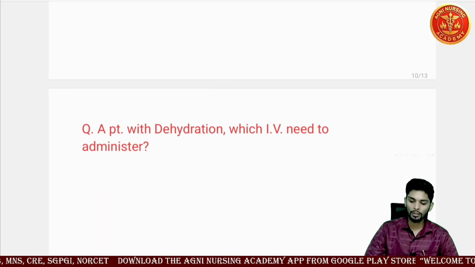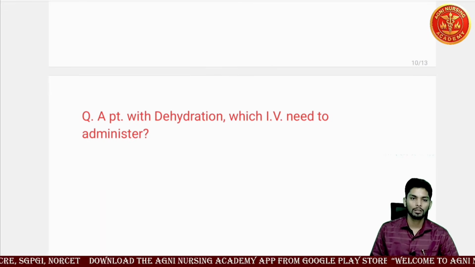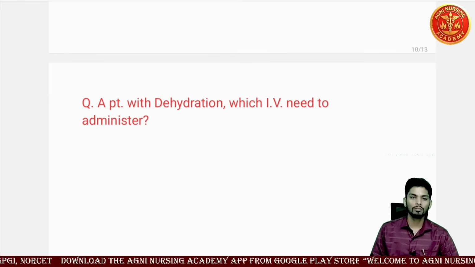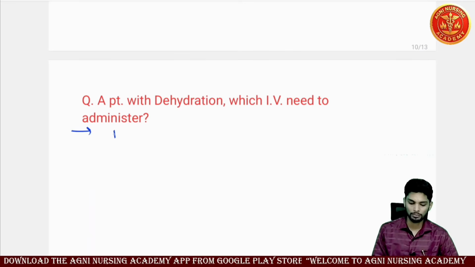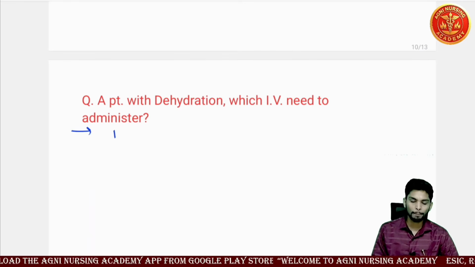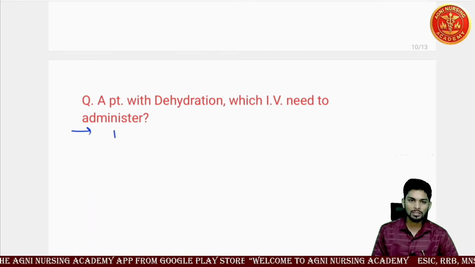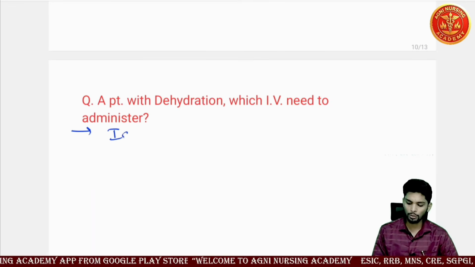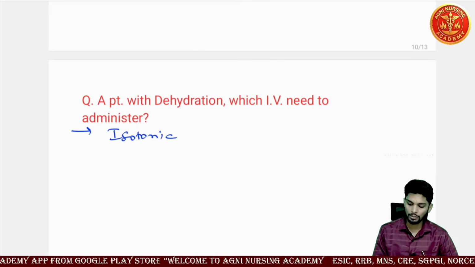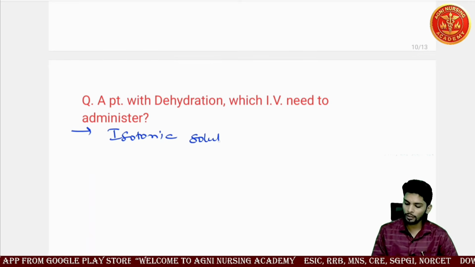Here the patient is a dehydration case, so we will give isotonic solution. We'll prefer isotonic solution for administration.